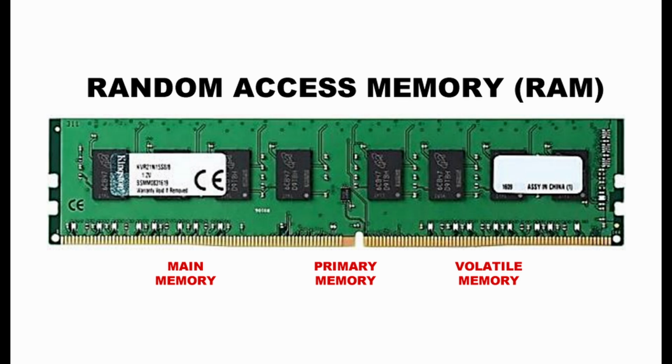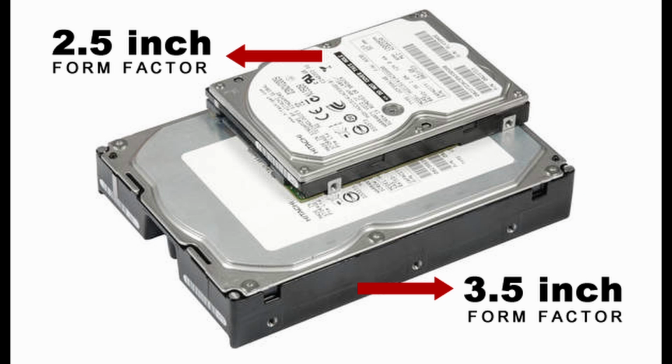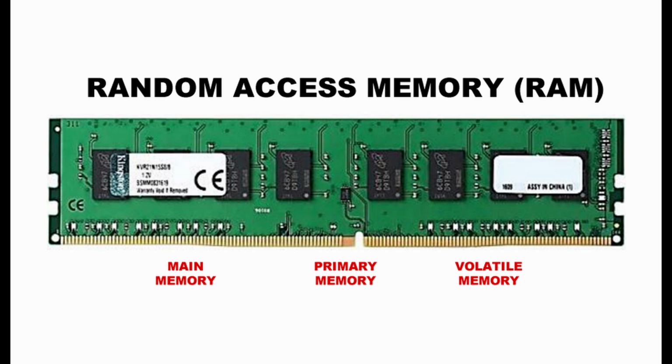When we talk about memory, this is called main memory. This is called secondary memory or secondary storage. When we are talking about storage devices, this is the first one we talk about. This is memory, the main computer memory.